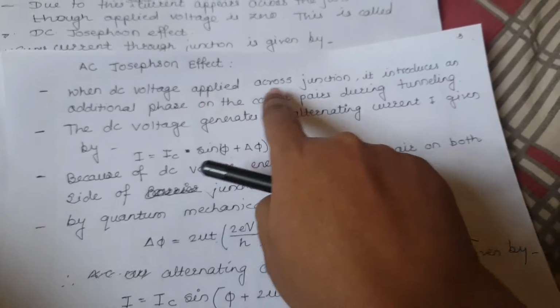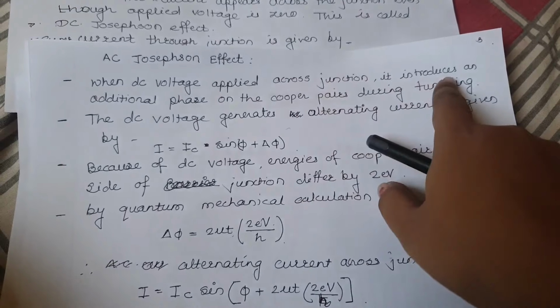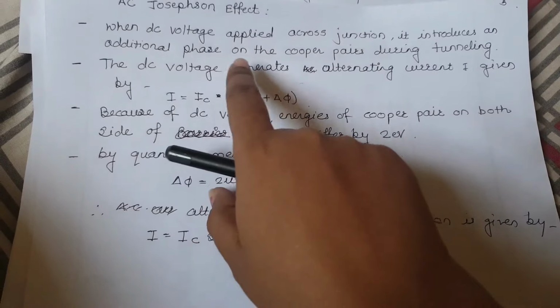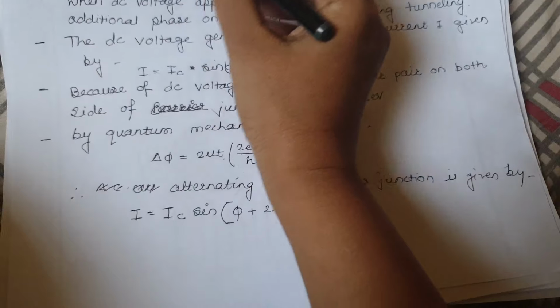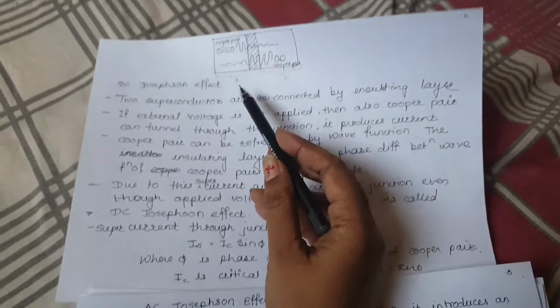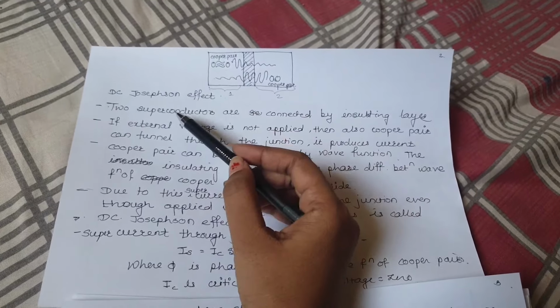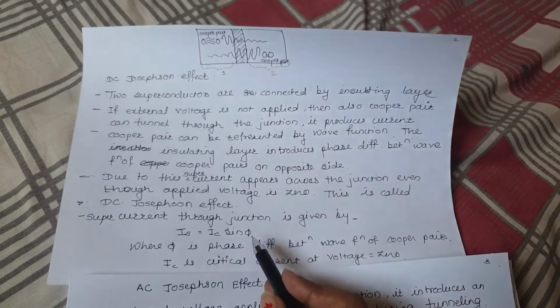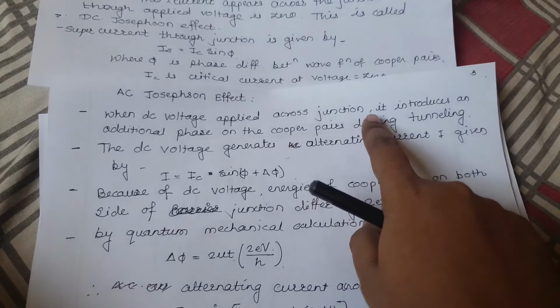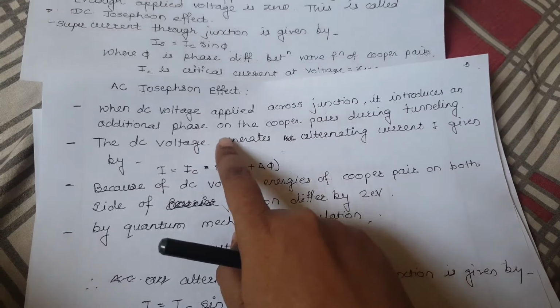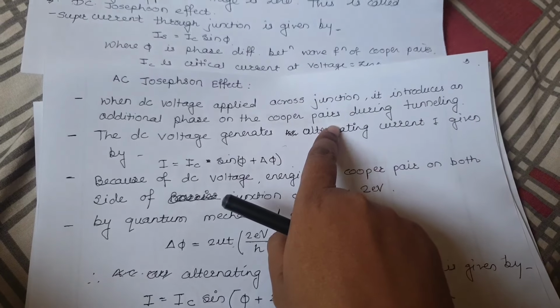When DC voltage is applied across the junction, it introduces an additional phase on the Cooper pair. Before that, phi is the phase difference when external voltage is not applied, as in the DC Josephson effect. When voltage is applied across the junction, it introduces an additional phase on the Cooper pair during tunneling.